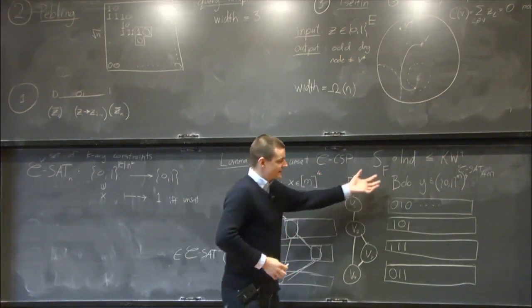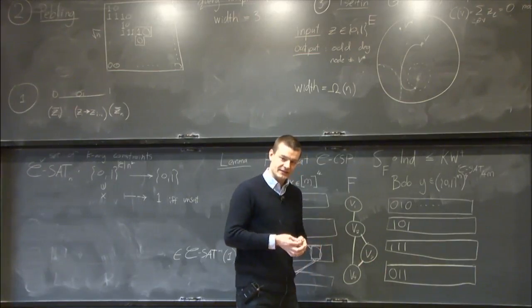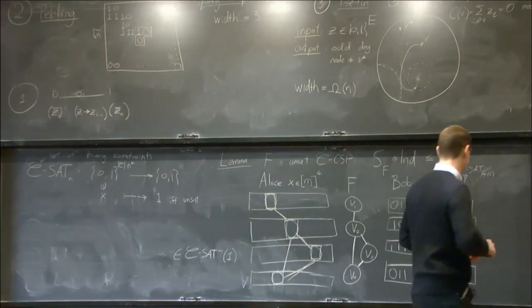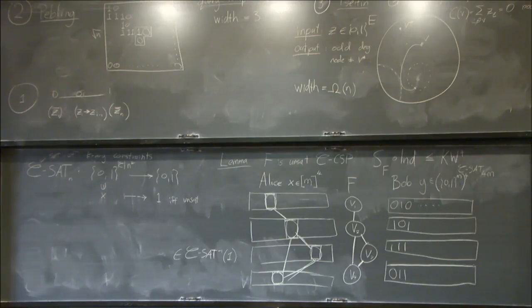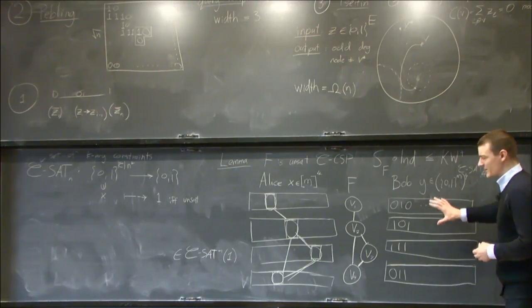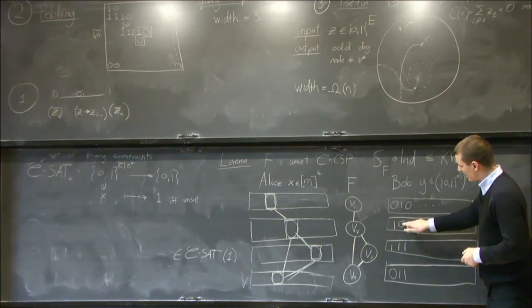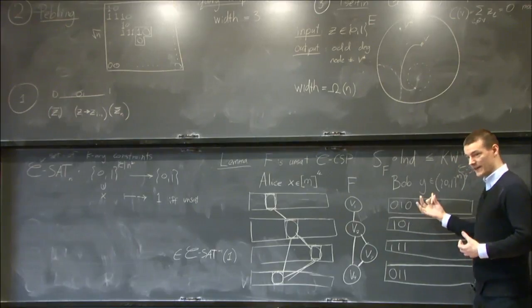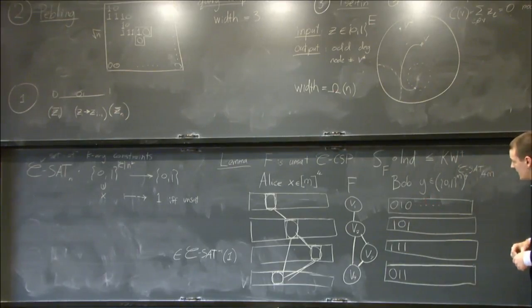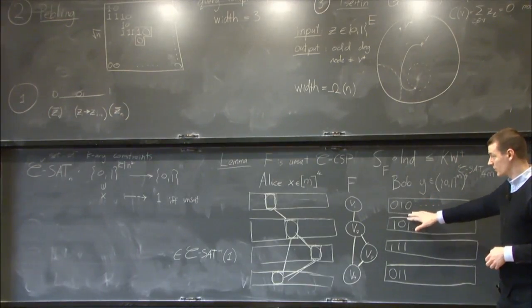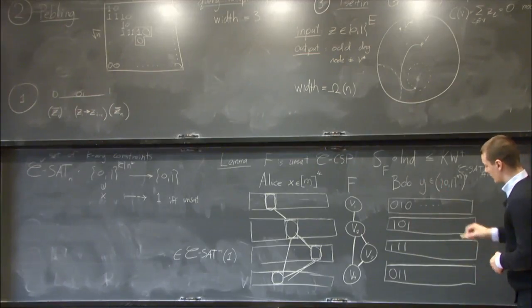And now Bob needs to create a satisfiable instance of this CSAT, a zero input. The way we do it is, for binary constraints, we just look at each possible pair of entries, and we include the corresponding constraint in Bob's input.